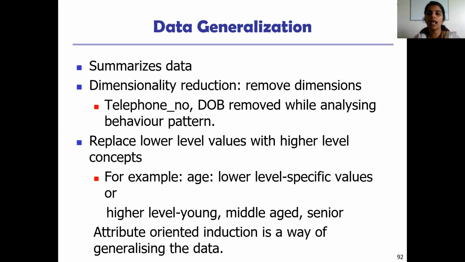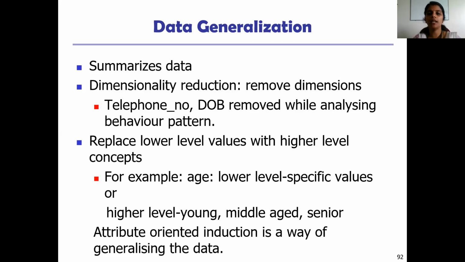Now you can generalize this data to a higher level concept. For age, you can group it as young, middle-aged and senior. A person with an age from 1 to maybe 18 years we can put as young, from 18 years to maybe 50 years as middle-aged, and above 50 years as senior, right?